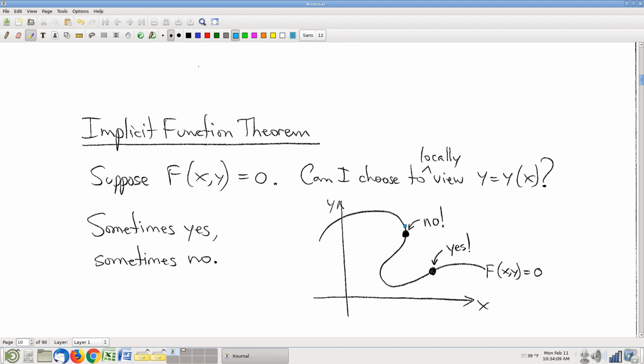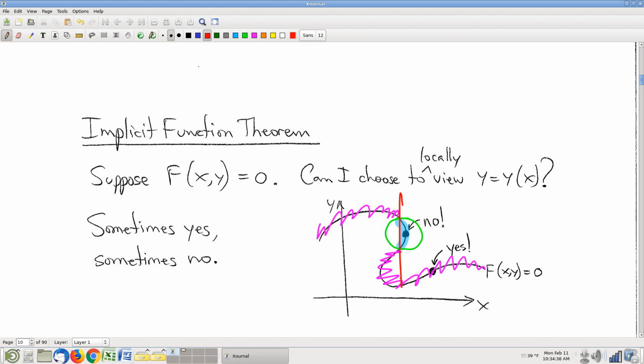This point, no. I don't care how much of this curve you erase. Right? You can erase all but the teeniest, tiniest little bit on each side of that point. If you leave enough on each side of that point to be able to talk about a tangent line, then you've left enough to create a problem with the vertical line test.